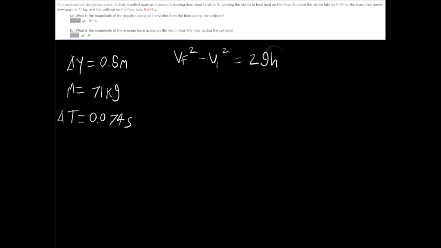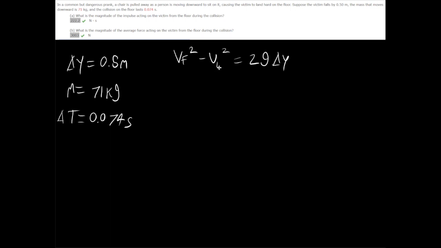Well, GH, what that really is I believe is 2 acceleration times displacement. Still, in this situation, when dealing with something falling due to gravity, it's going to be G, and it's not just H, it's delta H, so let's just call it delta Y. Change in H, delta Y, same thing.